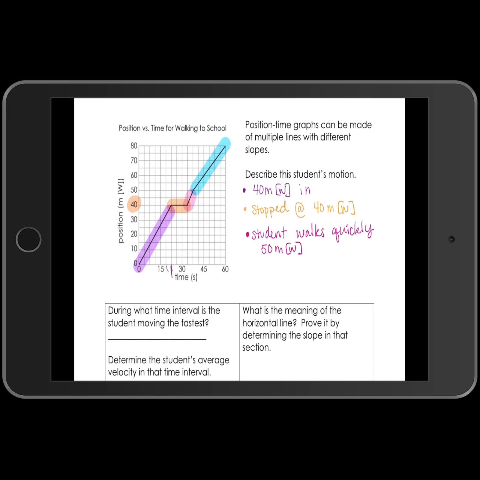And then for our blue line, they are still walking, but at a slower pace than previous. And then they reach 80 meters west, and that's at 60 seconds. So there can be different aspects to the position versus time graph.